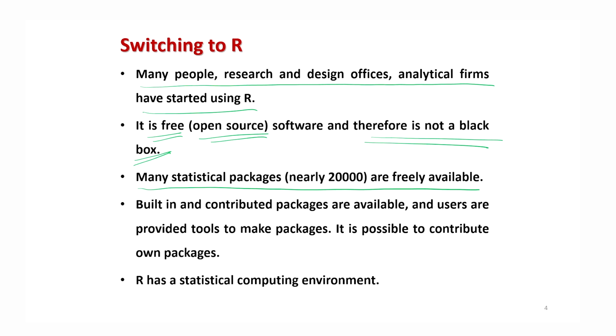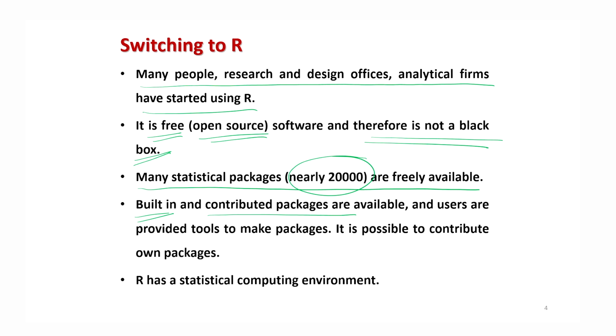So at the moment, to the best of my knowledge, there are about 20,000 freely available packages. And in R software, when you download the basic version, some of these packages are built in. And some of the packages are contributed packages, which means if I am doing my research and I have developed something new, then I can do the programming, create a package and get it uploaded on the R software website, which other people can directly download, and just by giving the data as input, they can use the tool.